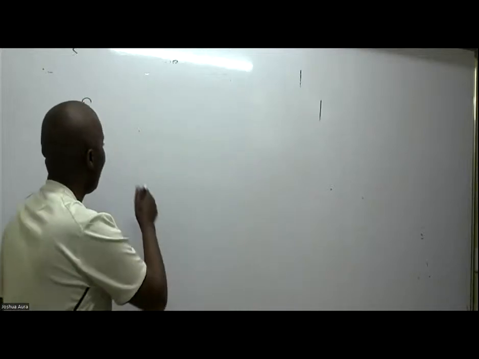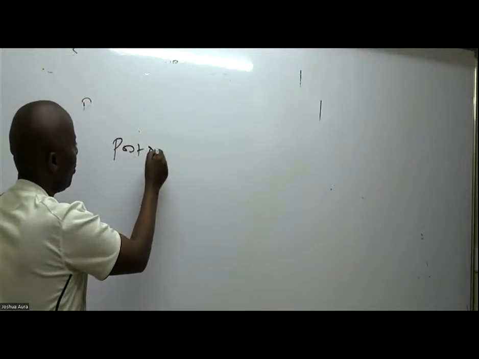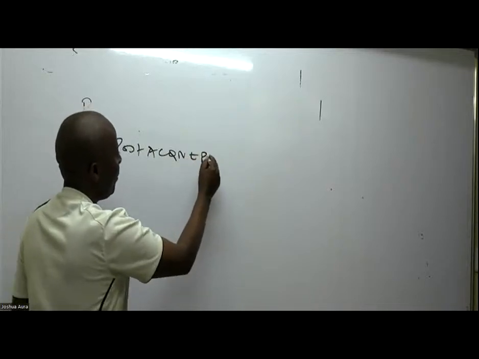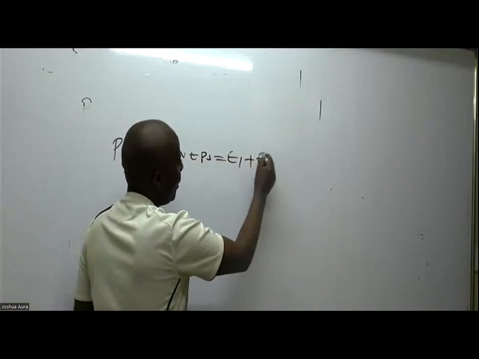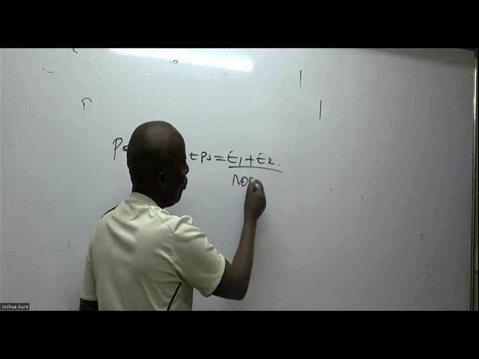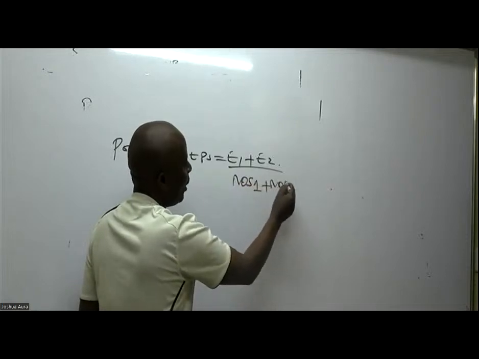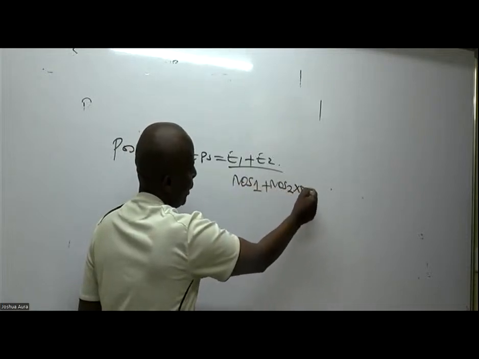This is very easy. Post-acquisition EPS is earnings of company one plus earnings of company two, all over number of ordinary shares of company one plus number of ordinary shares of company two times the exchange ratio.